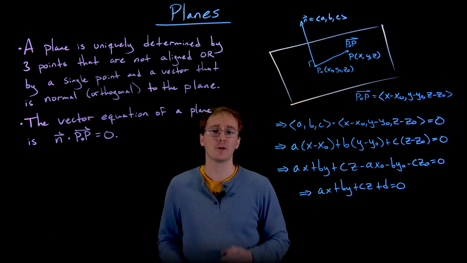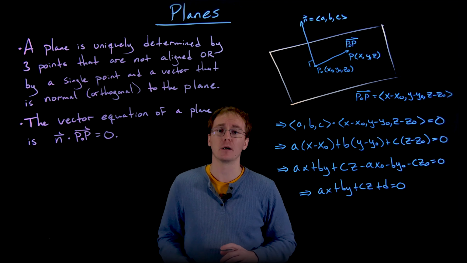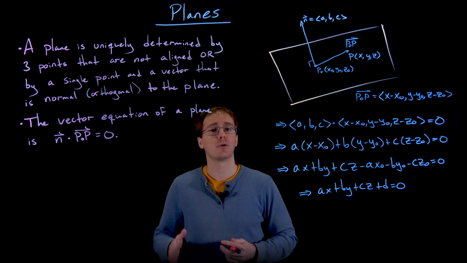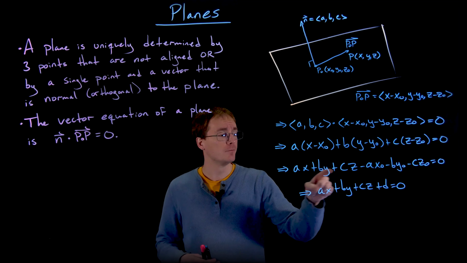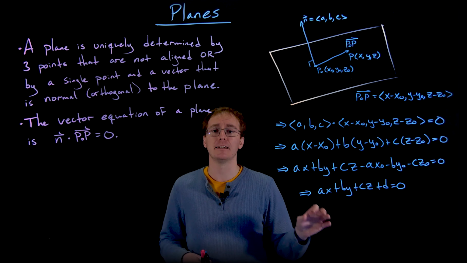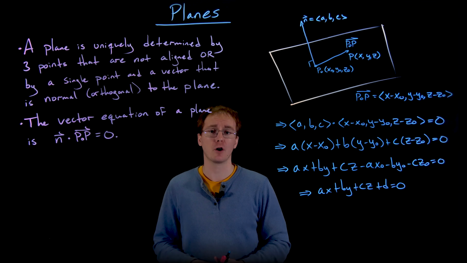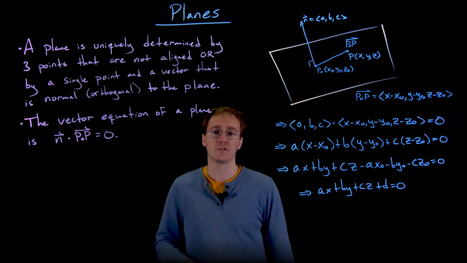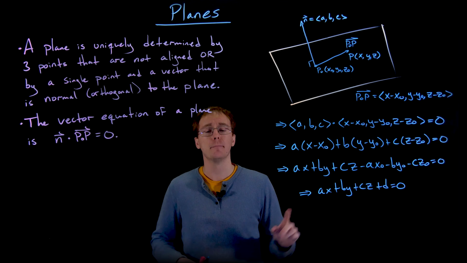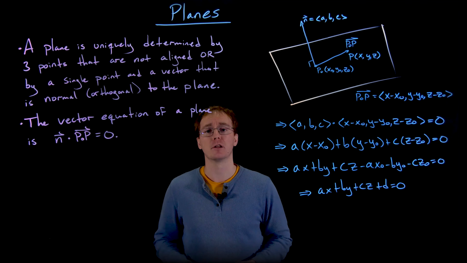We have to be really careful and mindful when we're pulling values and numbers out of the scalar equation of our plane, because depending on the problem we are trying to solve and the formula we are using, it might require the equation of our plane to be written in a very specific way. So keep your eye out for that when you're solving problems later on. If you're trying to pull values out from the scalar equation of a plane to plug into a formula, make sure your equation of your plane is in the right form that the formula requires.